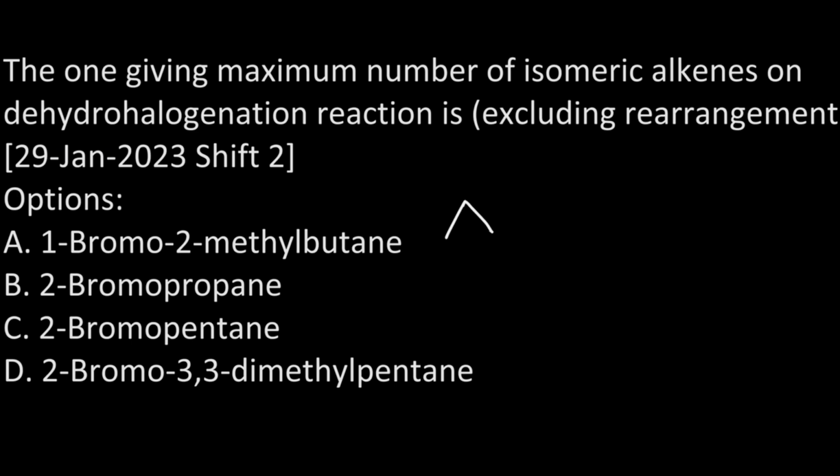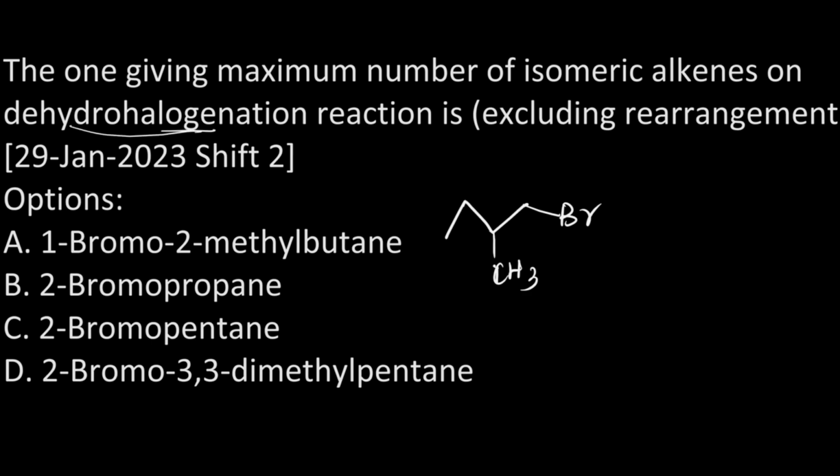Butane, 1, 2, 3, 4, 1-bromo, 2-methyl, and the second one is 2-bromopropane. What they have given is isomeric alkenes on dehydrohalogenation.